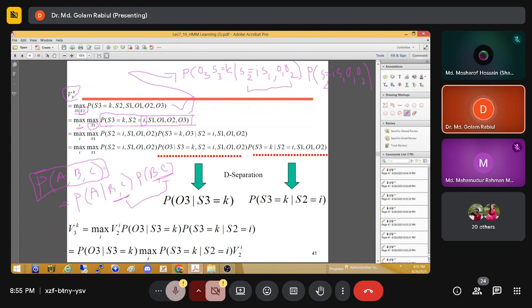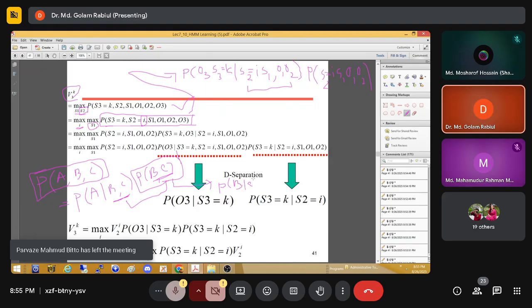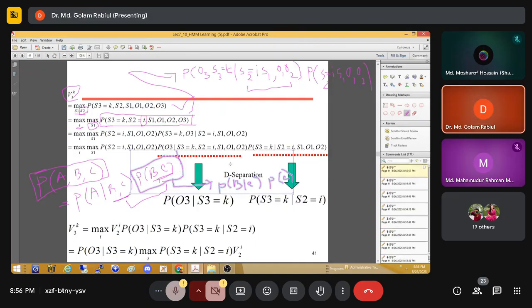Then again, this probability of BC we can rewrite as the probability of B given C times the probability of C, again utilizing the product rule. Whatever is given here, that is C, and that probability we have to write there, that is the probability of C.